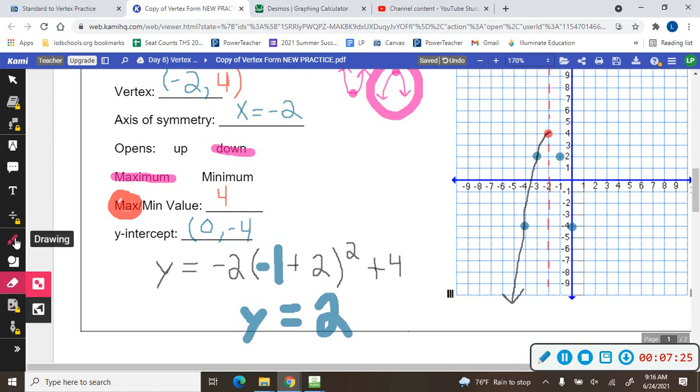So I'm going to try again. Because it should reach the maximum point here and then come back down. Still not the greatest. It's not very good. I'll try one more time. So it reaches the maximum point, comes down.